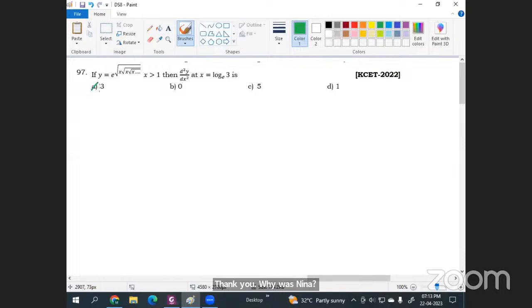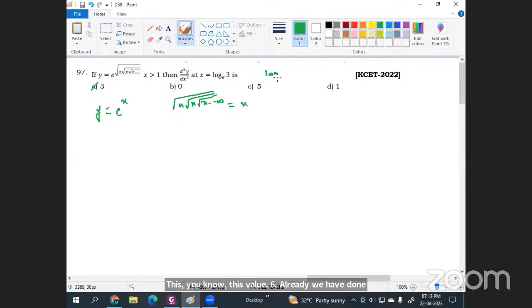We'll check for this one. Y equal to, already we have done this question, e power x. This already we have done, this series: root of x, root of x, root of x up to infinity. This value is x. Already we have done. Right?